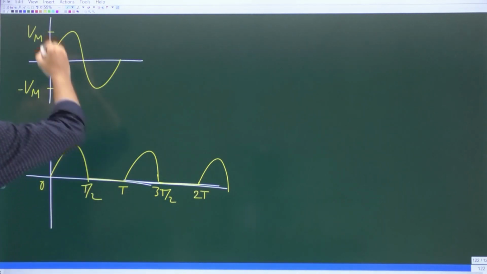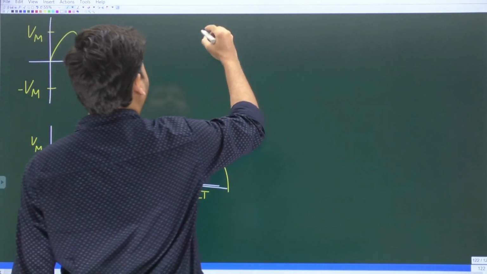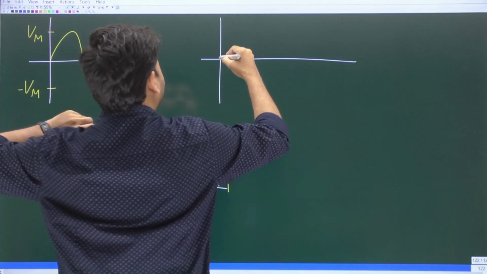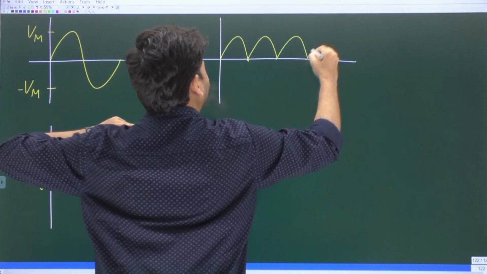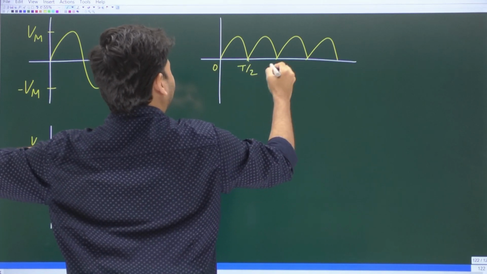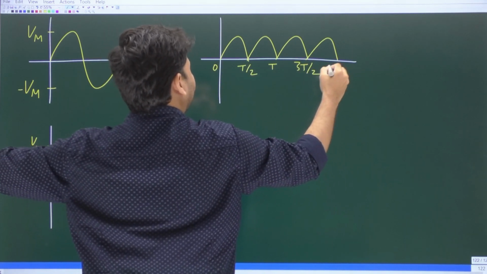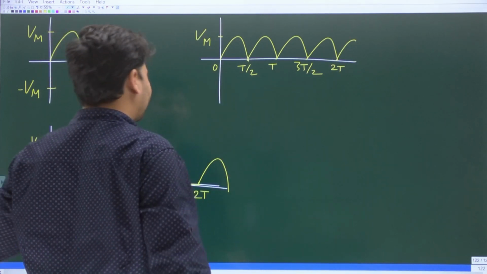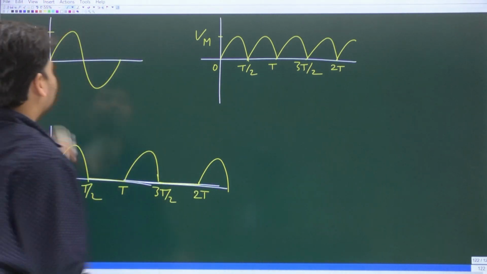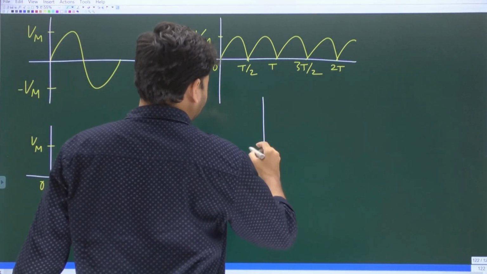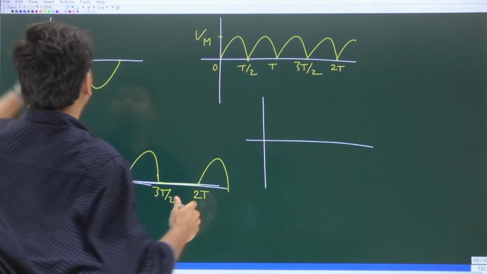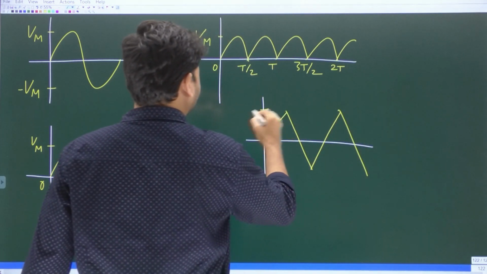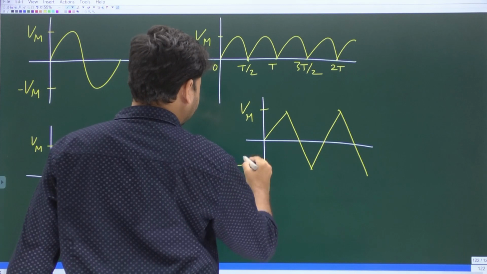Let me draw one more waveform. This is the third waveform. This is the fourth waveform.